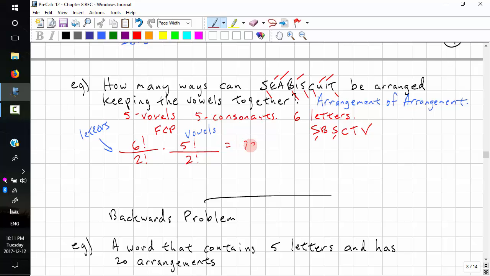We get 720 over 2. We get 120 over 2. We can actually do 120 divided by 4, so that's 720. 120 divided by 4 is 30. And that's not too difficult to do. This is 216 ways. Okay, so that's an arrangement of an arrangement.